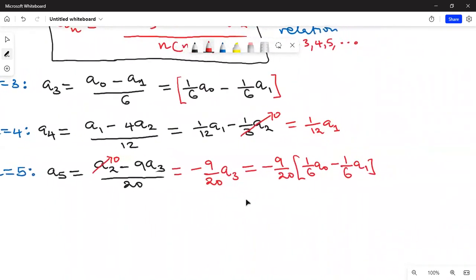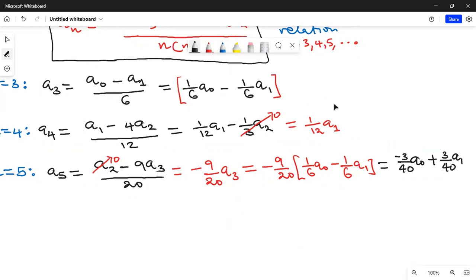In fact, let me just write this side. That should give us negative 9 over 20 times 1 over 6, that will give us negative 3 over 40. Of course, I've simplified. Negative 3 over 40 a0, then the other one is plus 3 over 40 a1. That's clear.